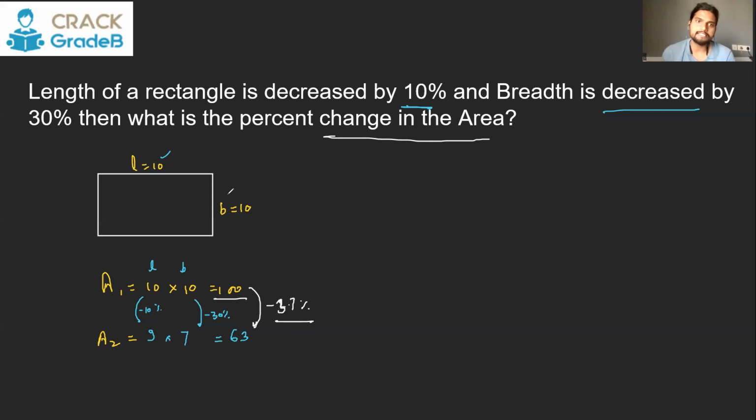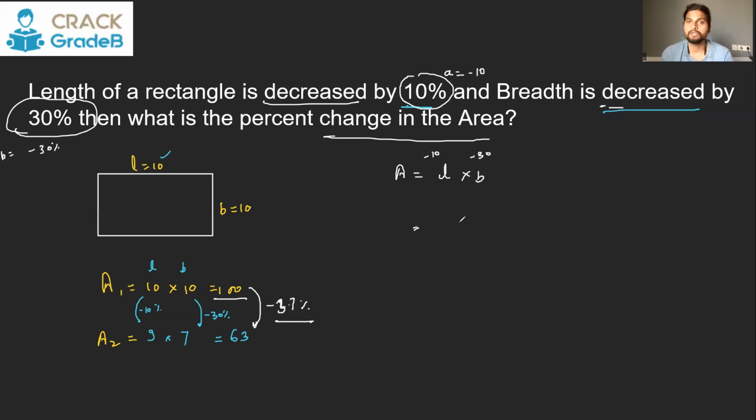Can you use the formula? Yes. In the formula, you will have to put the value of A as minus 10 because it is a decrease, and B as minus 30 because there is again a decrease. You know, area is equal to length into breadth. This is decreasing by 10%, this is decreasing by 30%.